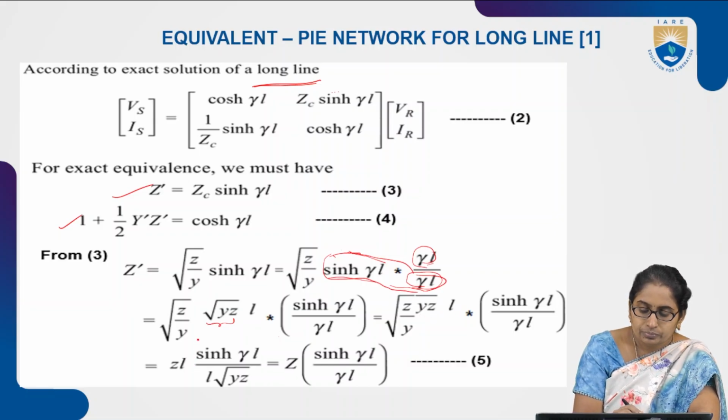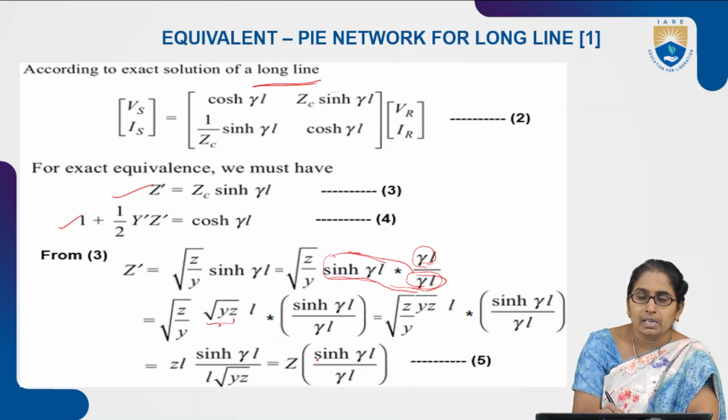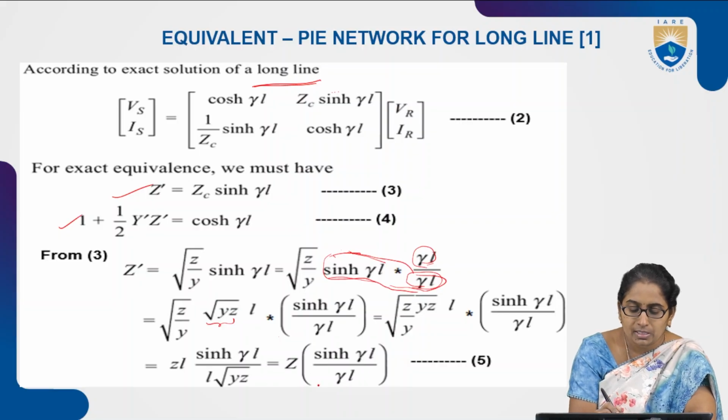And small z into l is capital Z. Sinh gamma l by gamma l is kept as it is, not disturbed.